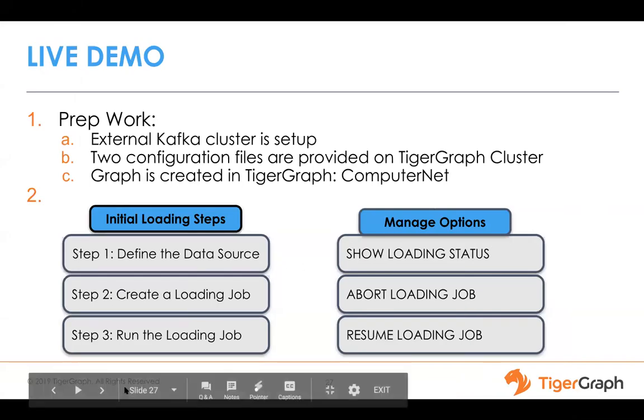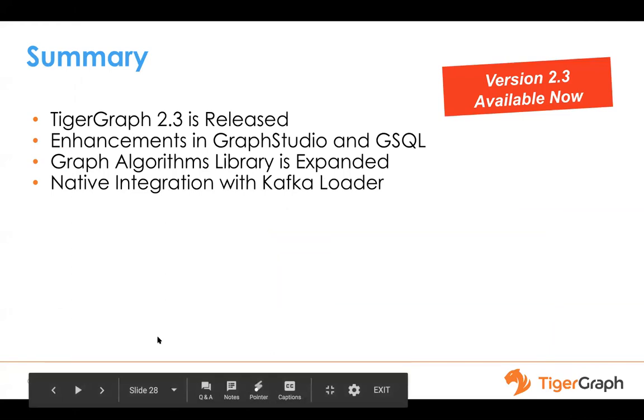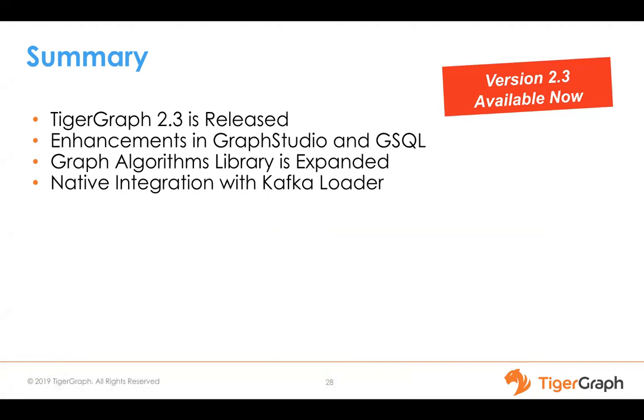Okay, let me just summarize what our webinar covered today. First, great news, version 2.3 is available now, and you can download the developer version and try all the operations that we just showed and demoed in this entire webinar. And there's a bunch of enhancements in GraphStudio and GSQL. You can check out the documentation about all the details.